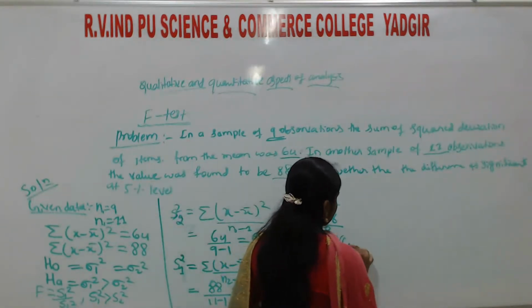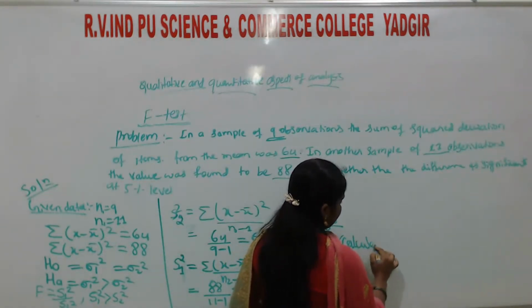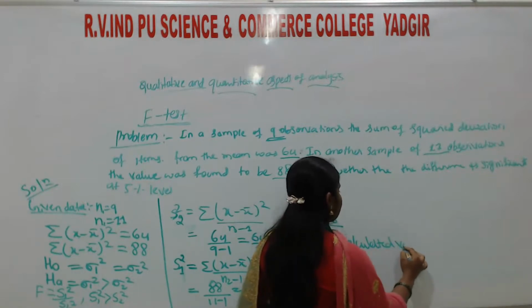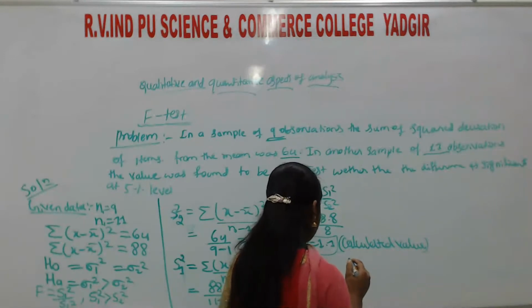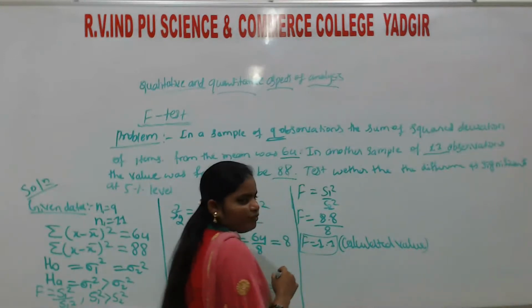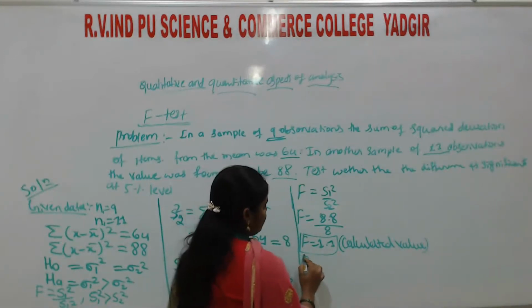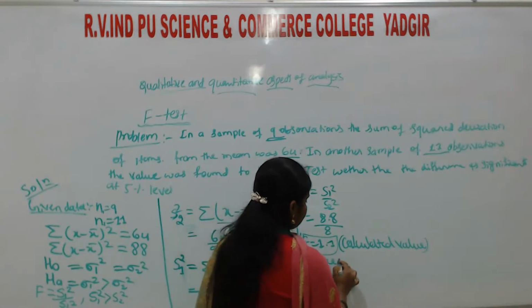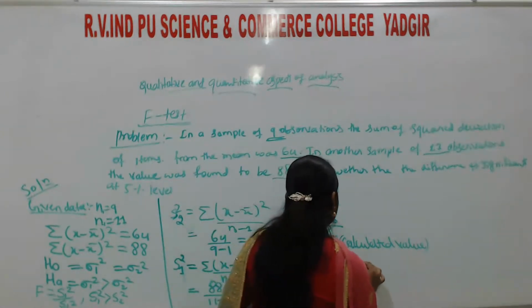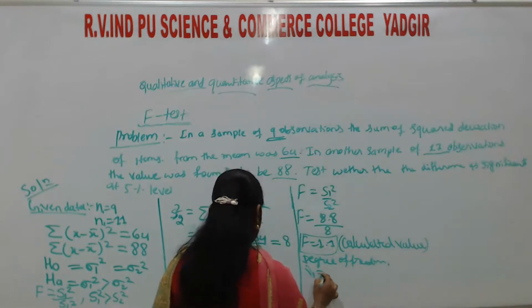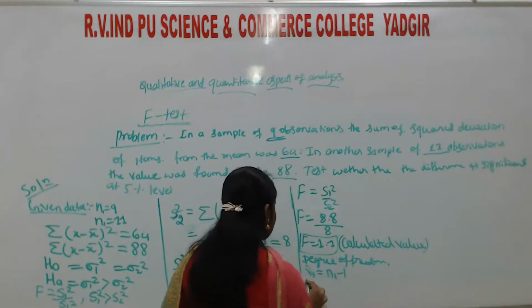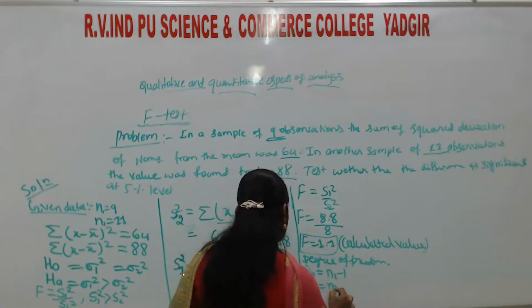And this is the calculated value. This one is the calculated value. And then the degree of freedom. You calculate the degree of freedom. The degrees of freedom: mu1 is equal to n1 minus 1 and mu2 is equal to n2 minus 1.